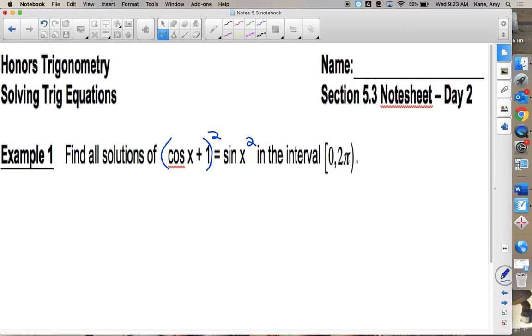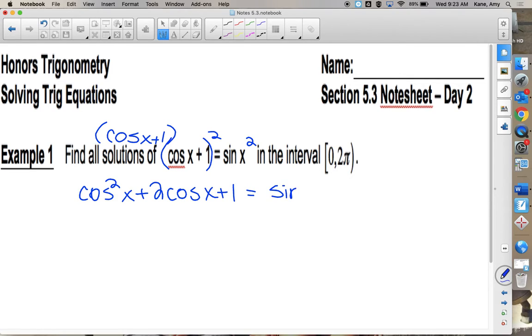So when you square cosine plus 1, that quantity, what does it mean that you're doing with squaring that, Colin? Right, so you're foiling that. What do you get when you foil that? Cosine squared x plus 2 cosine x plus 1. And on the other side, you have sine squared. So how does that help you?